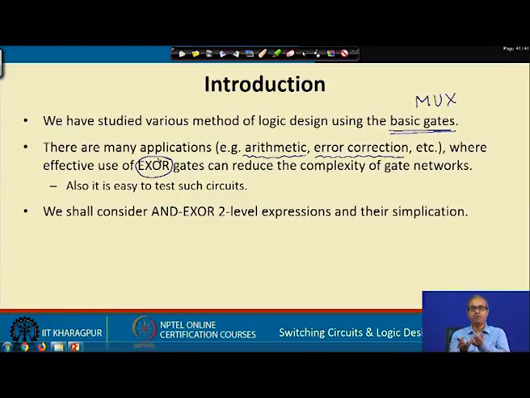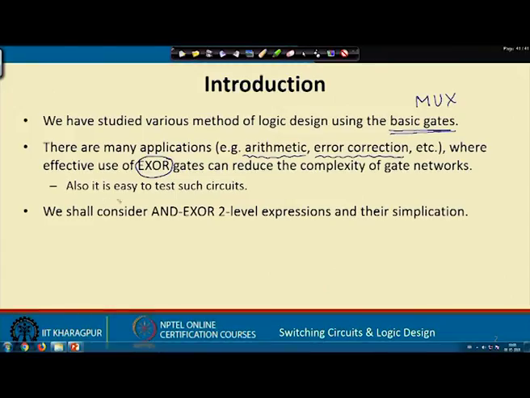So, if you allow not only the basic gates, but also exclusive OR gates to be used in our final circuit, then the size and complexity of the circuit can be reduced to a great extent. So, one classic example, if you recall, is the circuit to generate the parity of a word.